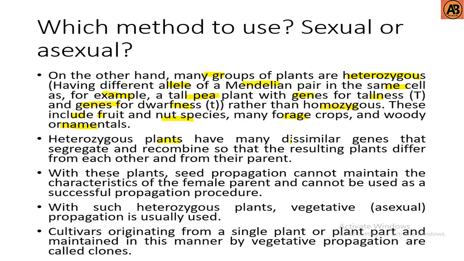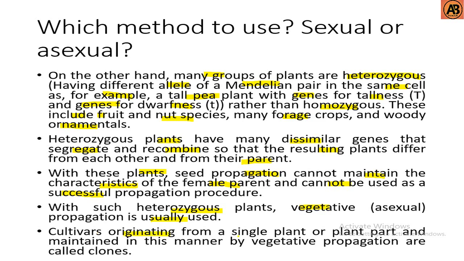Heterozygous plants have many dissimilar genes that segregate and recombine so that resulting plants differ from each other and from their parent. With these plants, seed propagation cannot maintain the characteristics of the female parent and cannot be used as a successful propagation procedure. With such heterozygous plants, vegetative or asexual propagation is usually used.